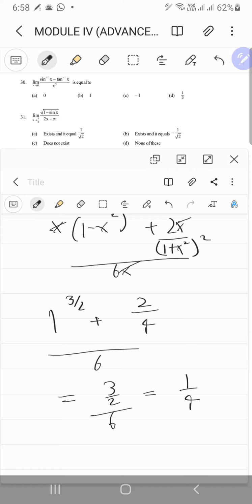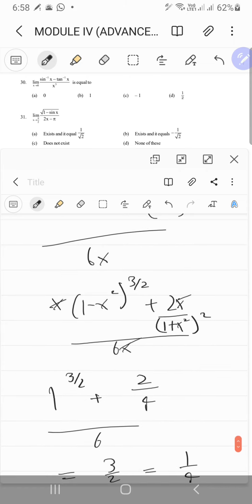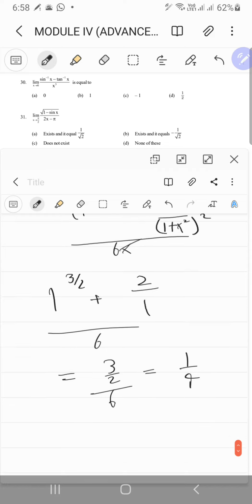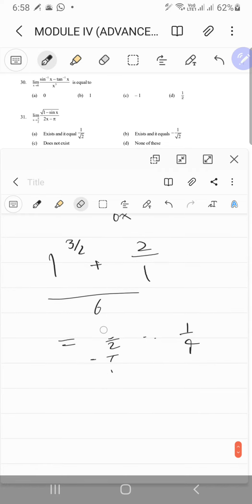Then you got negative 1 upon, why is this happening to me? Oh shoot, this should be 1. Yeah, this happens sometimes. So this should be 1 by 2. Fine, so this is 1 by 2, and that's the answer.